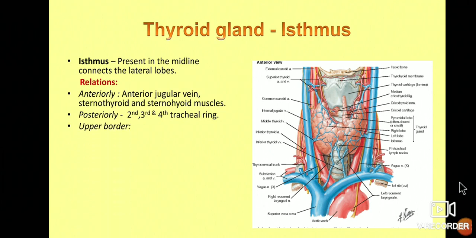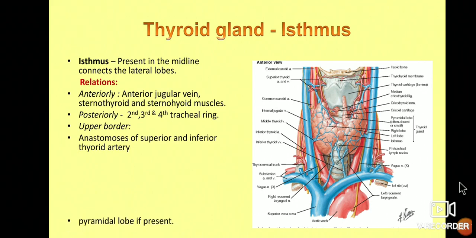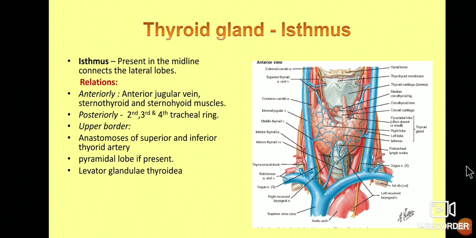Okay, so that is the isthmus, as I told you. So upper border, pyramidal lobe. An extension of the pyramidal lobe is actually called the levator glandulae thyroideae. It contains a fibromuscular band, so some skeletal muscle fibers are also seen.